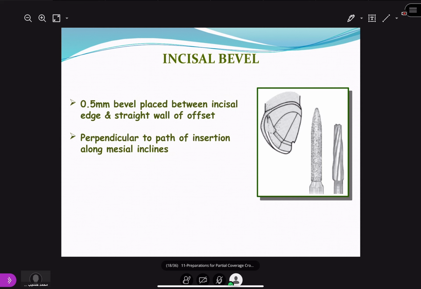It is a 0.5 millimeter bevel placed between the incisal edge and the straight wall offset, perpendicular to the path of insertion along mesial inclines. So basically, there are four unique features which we will incorporate in the preparation of the partial veneer crown or partial coverage crown: proximal groove, proximal flare, incisal offset, and incisal bevel.